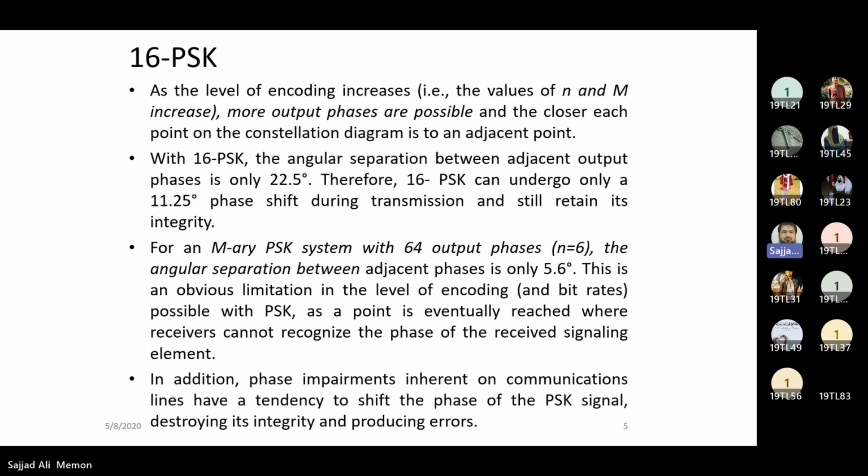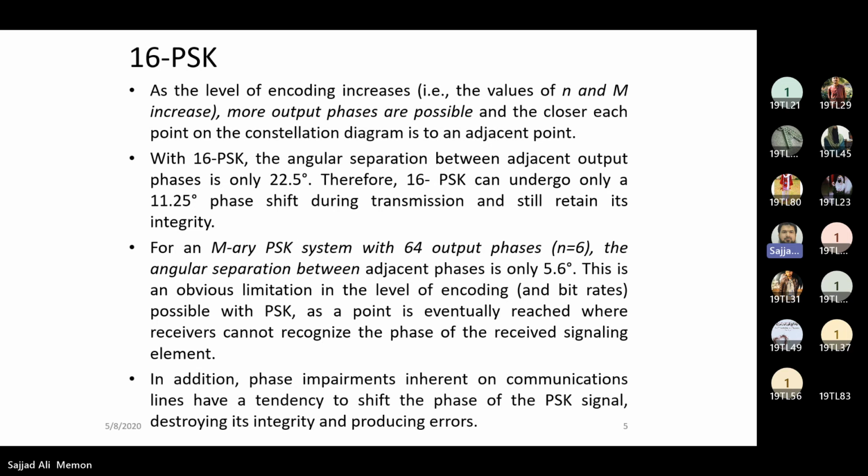As the level of encoding increases, that is, as the values of N and M increase, more output phases are possible, and the closer each point on the constellation diagram is to an adjacent point. That's the point that I am making: when we increase M, the output phases will be closer to each other on the constellation.